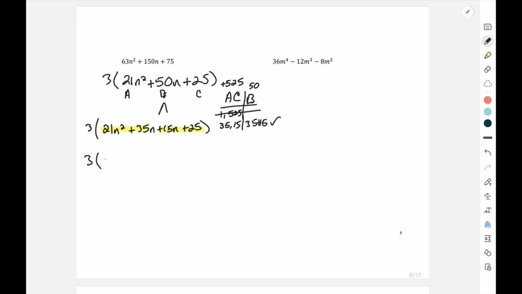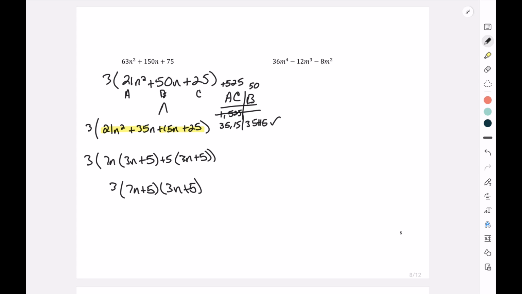Pulling out a 7n from 21n squared, we would have a 3n, and pulling out a 7n from 35n, we would have a positive 5. Since we want this 3n plus 5 to come back, we could pull out a positive 5 and get a 3n plus 5. So our answer would be 3 in parentheses 7n plus 5, 3n plus 5.